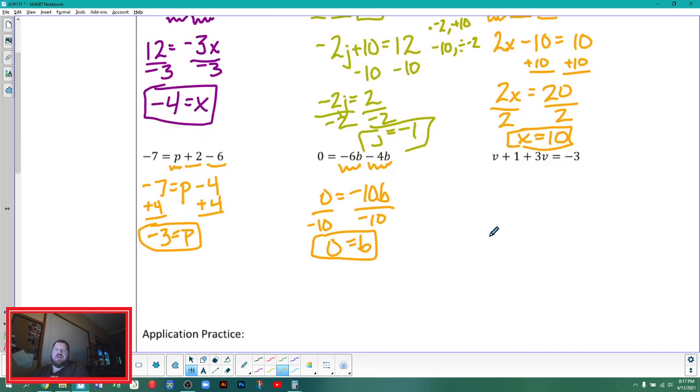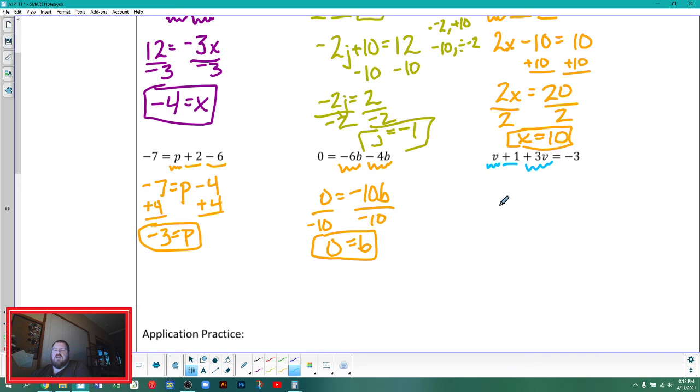And on this last one here, I've got a v, positive 1, and a positive 3v. Notice I'm not dealing with the other side because the other side on all these has been pretty simple. So I do need to do a little combining here.